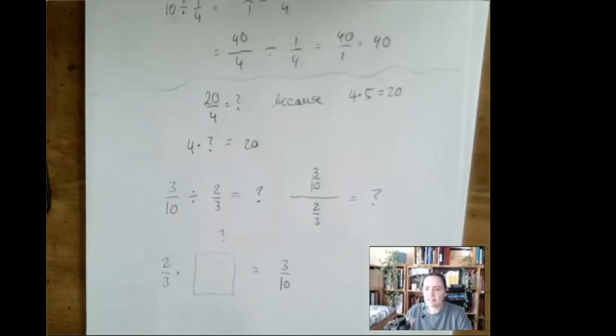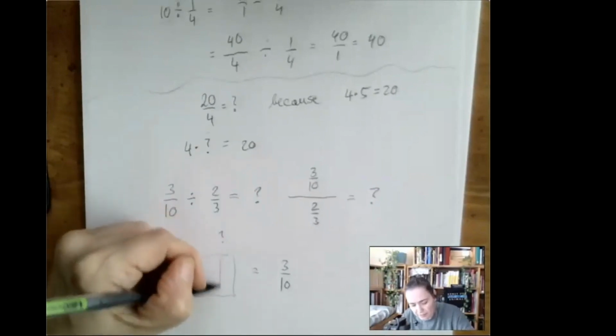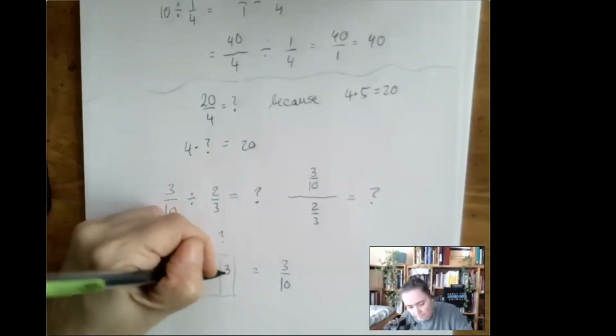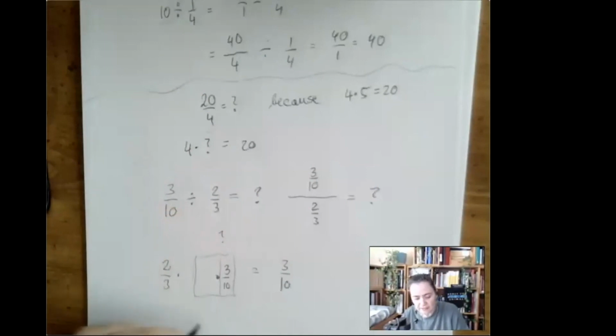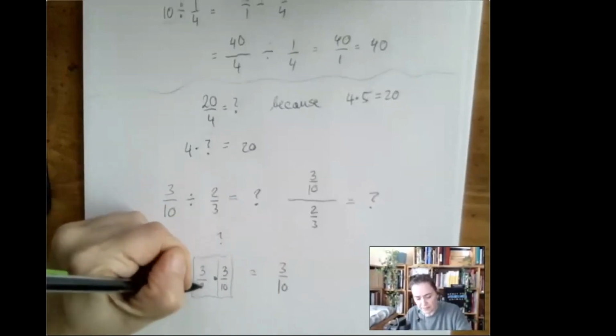And then here is the idea. We start with 2 over 3 and we want to get to this number. The easiest way is to get to 1 first, because 1 times 3 over 10 is 3 over 10. And how do we make this 1? Just by the reciprocal.